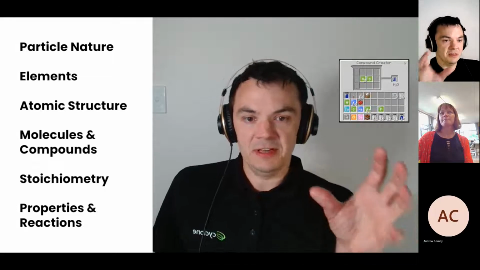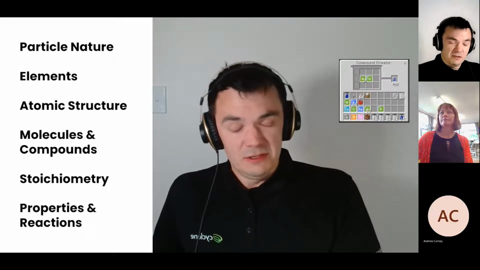But this actually links, if any of them have got past experience with Minecraft, as we'll see as well. And properties and reactions. So this is just a 30-second overview of the chemistry curriculum, mainly for the sake of anyone here who hasn't looked at that. So if some of these words and ideas are new, that is fine.